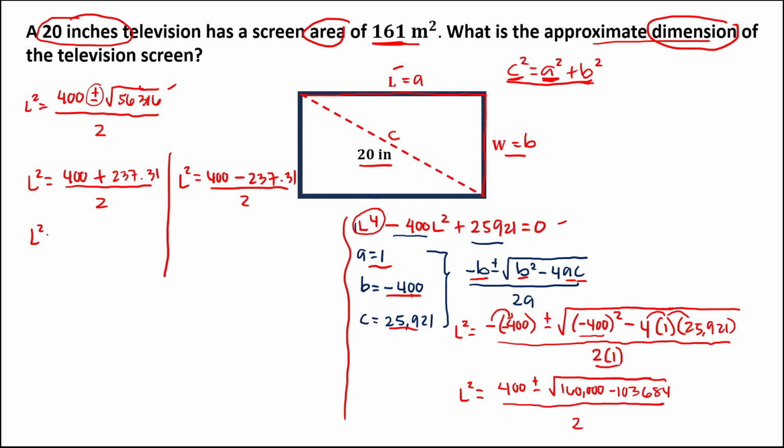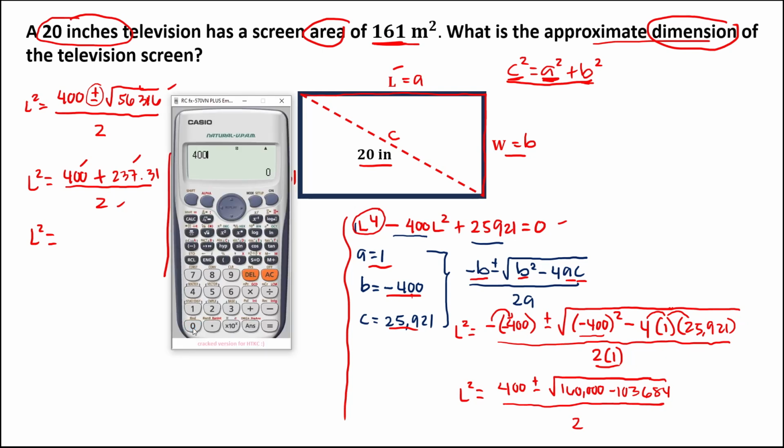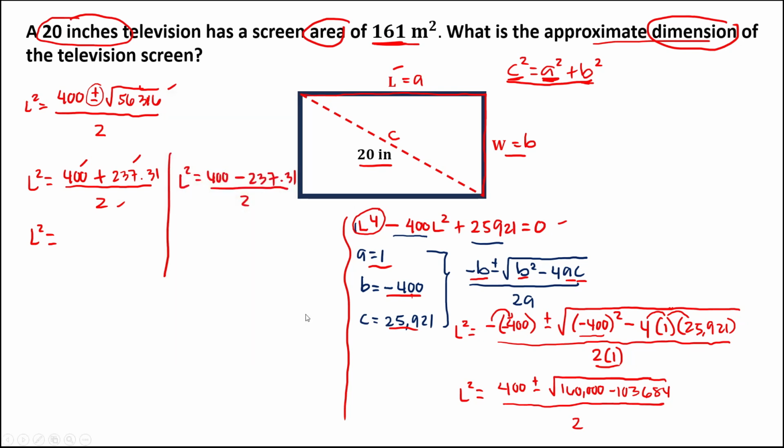For the first one, 400 plus 237.31 equals, then divide by 2, so L squared is equal to 318.66.